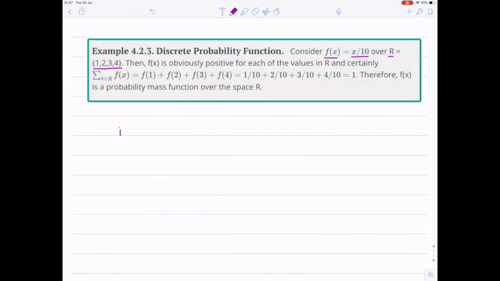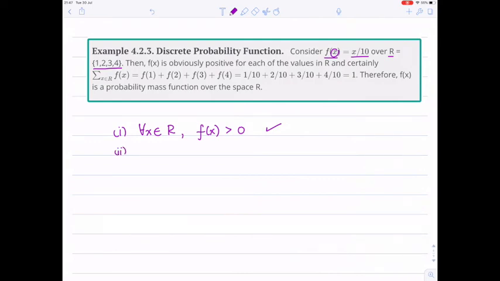So our first thing to check is that for every x in R, f of x needs to be greater than 0. Well, let's just check. Our function takes in x and turns it into x over 10, and our R is 1, 2, 3, 4. So we're going to have 1 over 10, 2 over 10, 3 over 10, 4 over 10. So yes, it absolutely does.